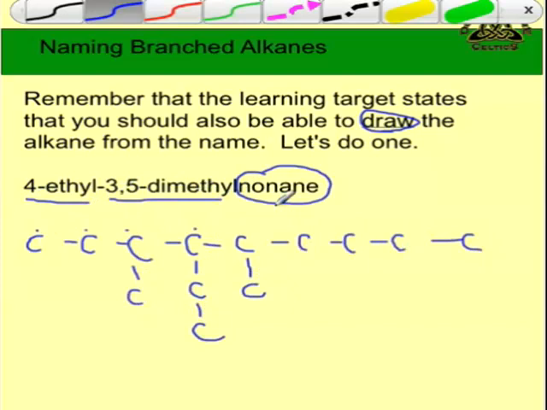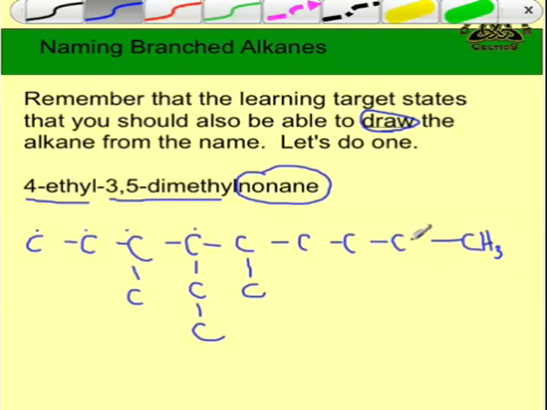hydrogens. And the thing to remember about hydrogens in alkanes is that all carbons have to have 4 bonds. So if we look on this end, this carbon is already bonded to this carbon, so there are 3 more bonds we have to take care of. That means that there will be 3 hydrogens on this ending carbon.